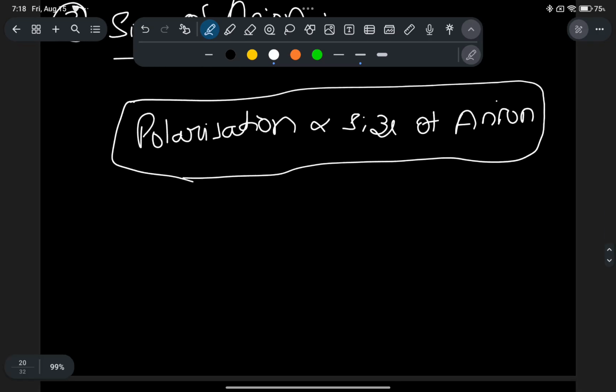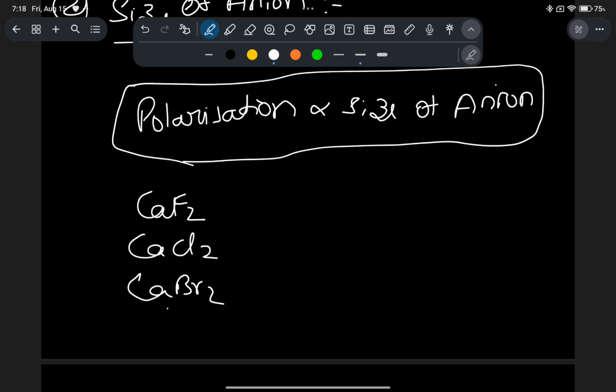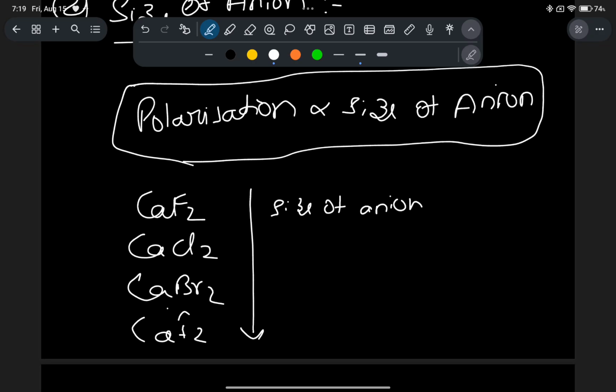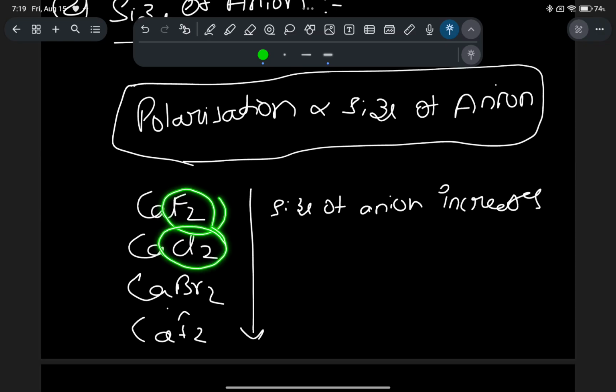I'll directly give the example: CaF2, CaCl2, CaBr2, CaI2. Here, from top to bottom, the size of the anion increases, not the size of the cation. The cations are the same, so we consider only fluorine, chlorine, bromine, iodine.